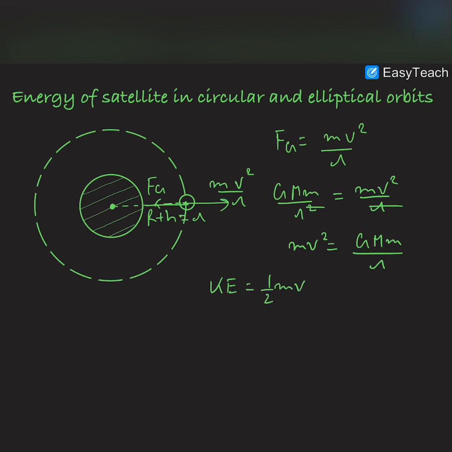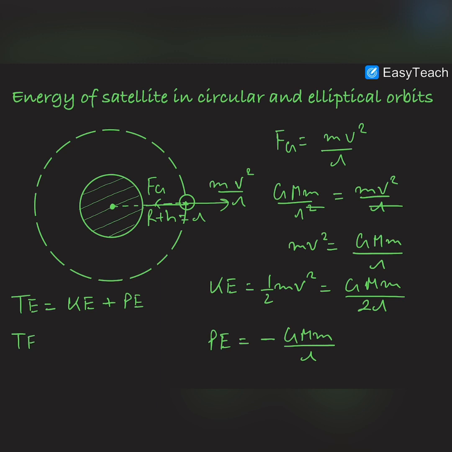half mv square, so it would be GMm by 2r, and the potential energy will be equal to minus GMm by r. So the total energy will be equal to the sum of the kinetic as well as potential energy.